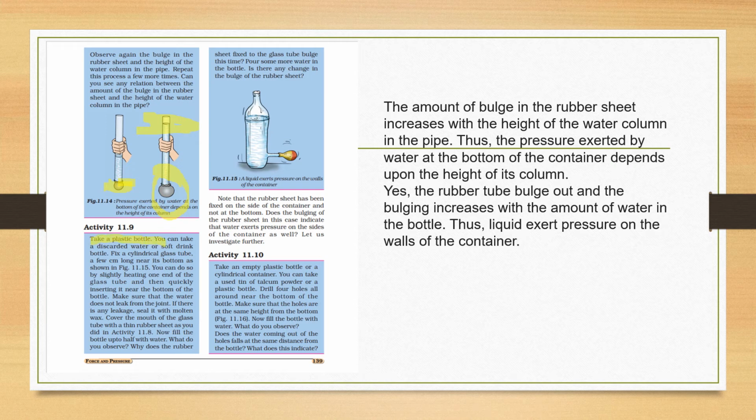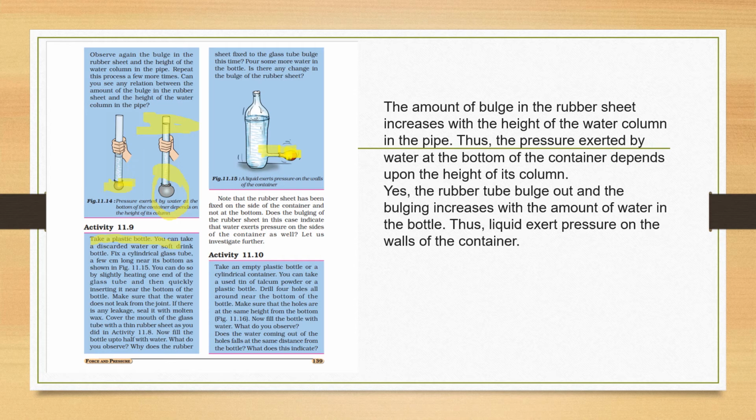One more activity is given here. We have to take a plastic bottle, put this tube at the bottom and insert it, and paste it properly so that there is no leakage, and we have to fix a rubber sheet here. Then we fill it half with water, then pour in some more water.